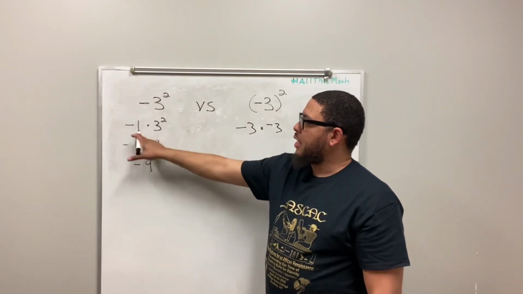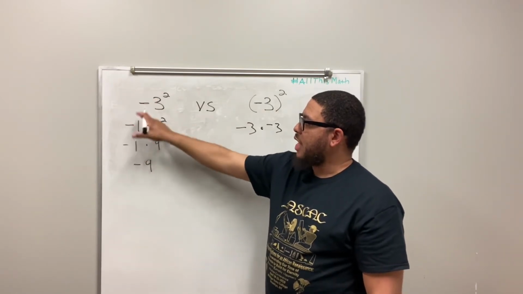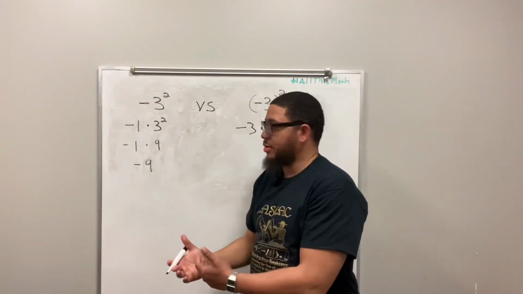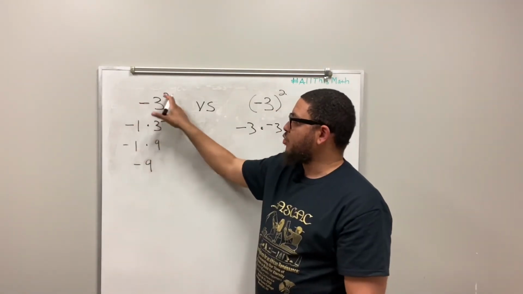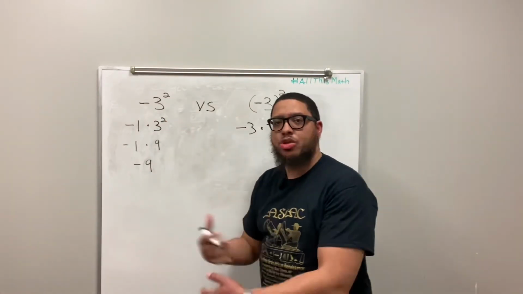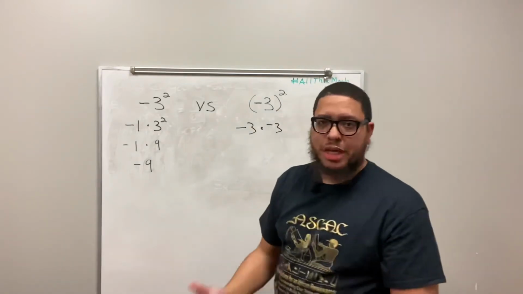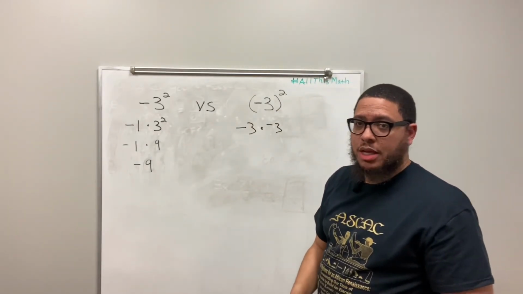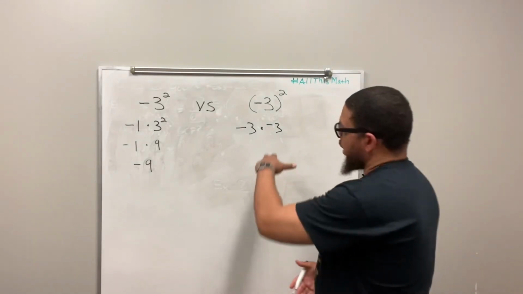And that negative sign becomes a -1, because negative signs represent -1 being multiplied by the number next to it. So that -3 is really -1 times 3. But you have the exponent there, so you got to use the exponent first before you use the multiplication sign. That's order of operations. You got to get real familiar with the order of operations and know when to apply it.